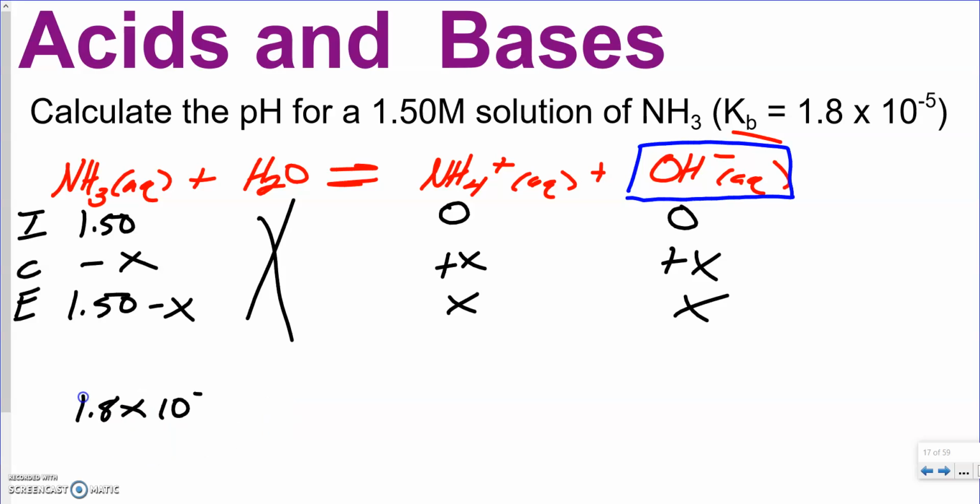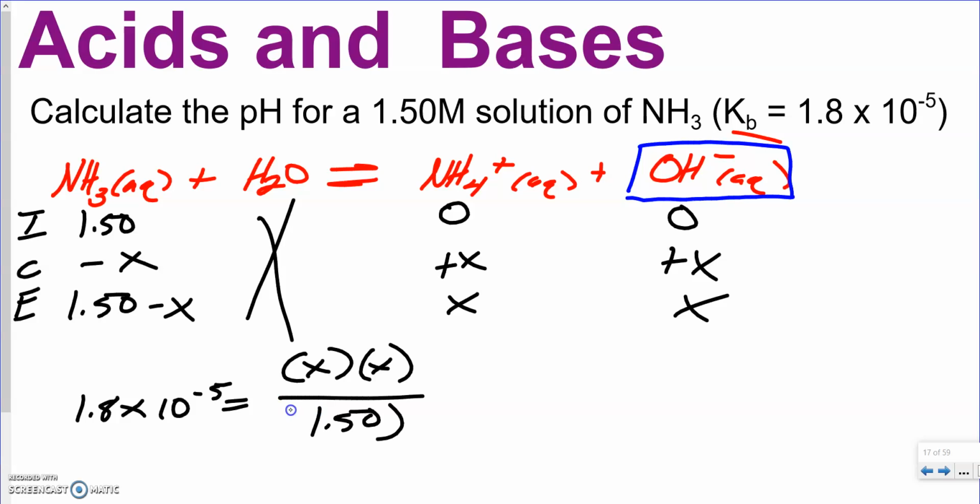1.8 times 10 to the negative fifth is going to equal products, X times X, over reactants, 1.50, because we can assume that X is negligible compared to the size of the concentration of the original base, because Kb is so small, so there's a very, very small shift towards products. From there, we just calculate this out.